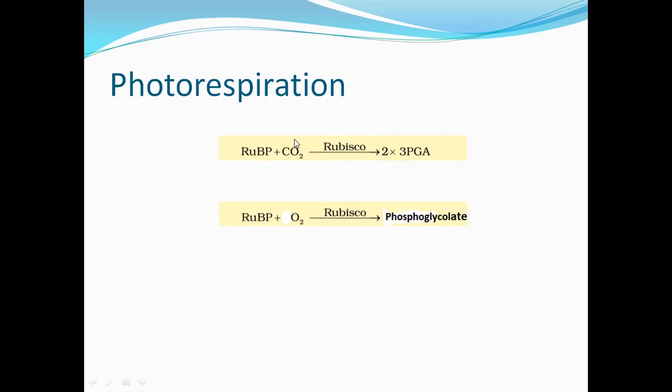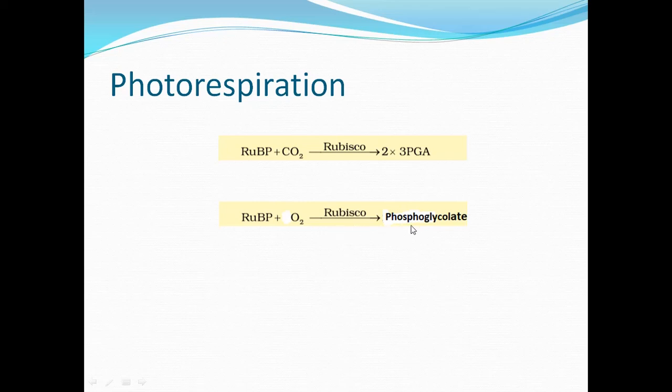Now the enzyme Rubisco has dual affinity. It has affinity towards carbon dioxide, and it also has affinity towards oxygen. During photorespiration, Rubisco combines with oxygen and RuBP to form phosphoglycolate. This reaction is photorespiration.